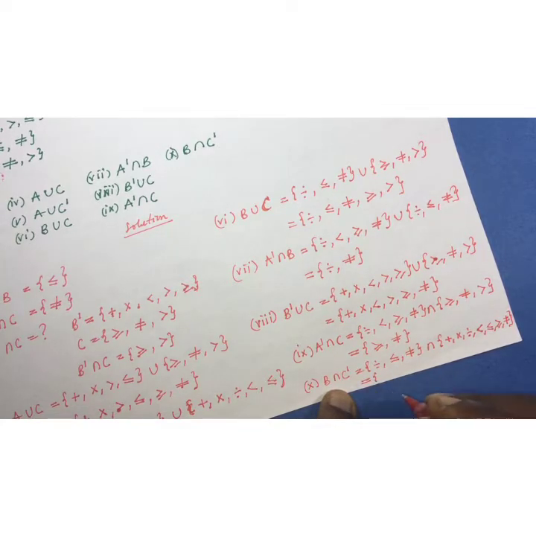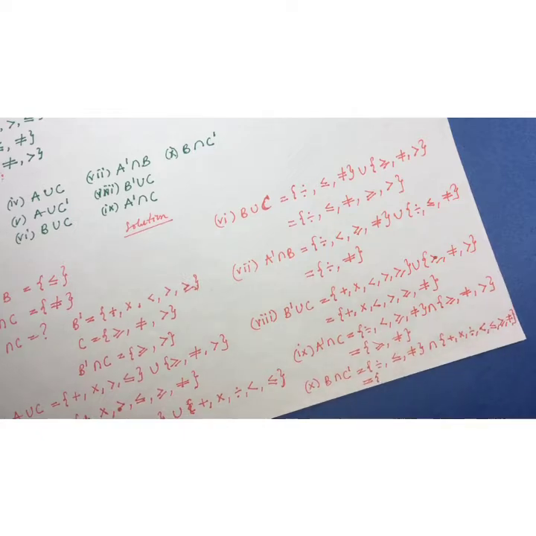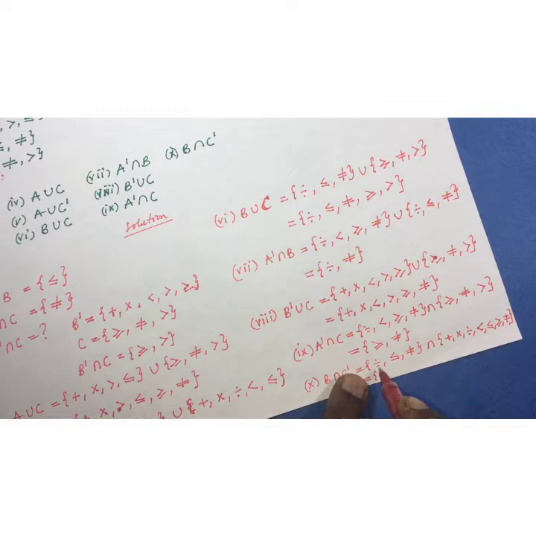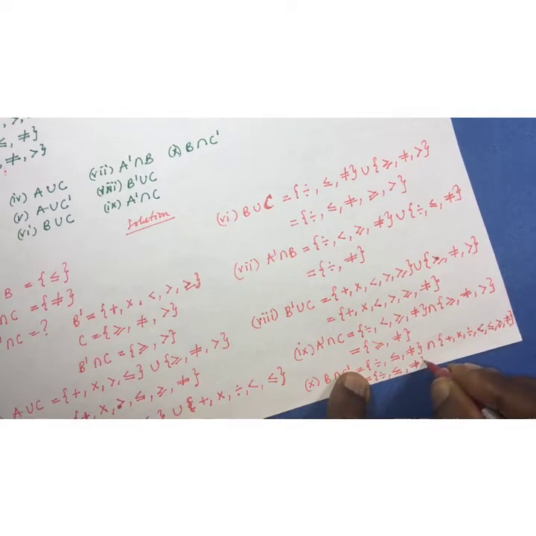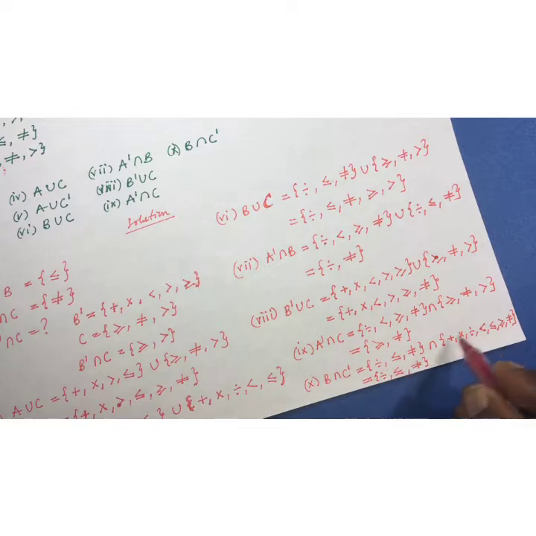So intersecting the two sets gives us what? Now what elements do you find common to both sets? You will notice that division is there. You have less than or equal to there, common to both sets, and you have not equal to. So these are the elements common to both sets. You will notice that all the elements in B are found here.